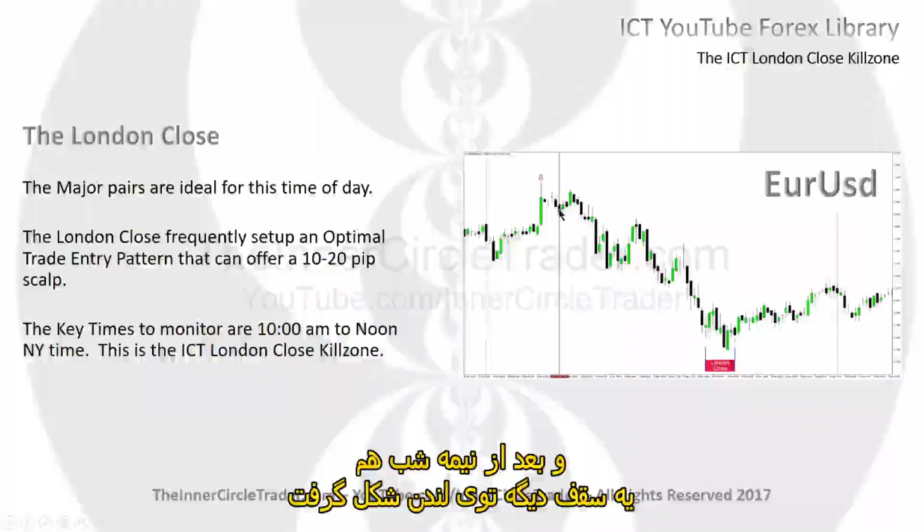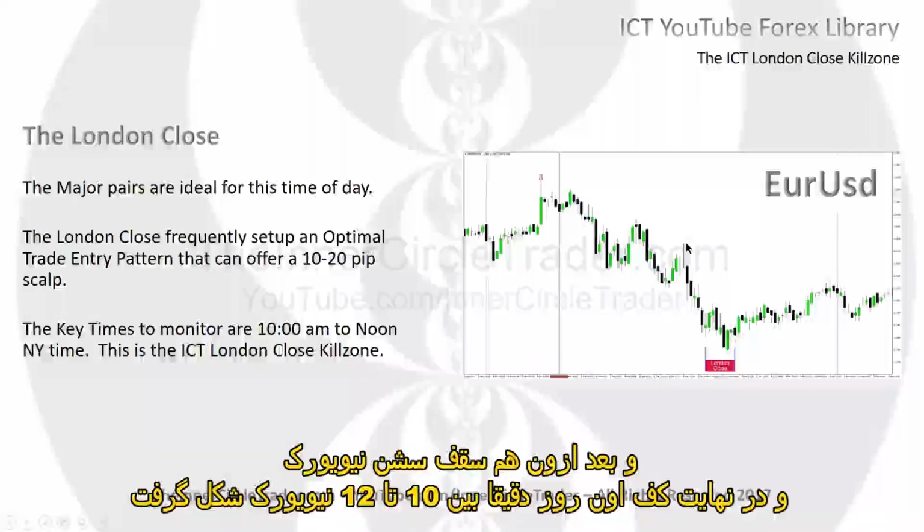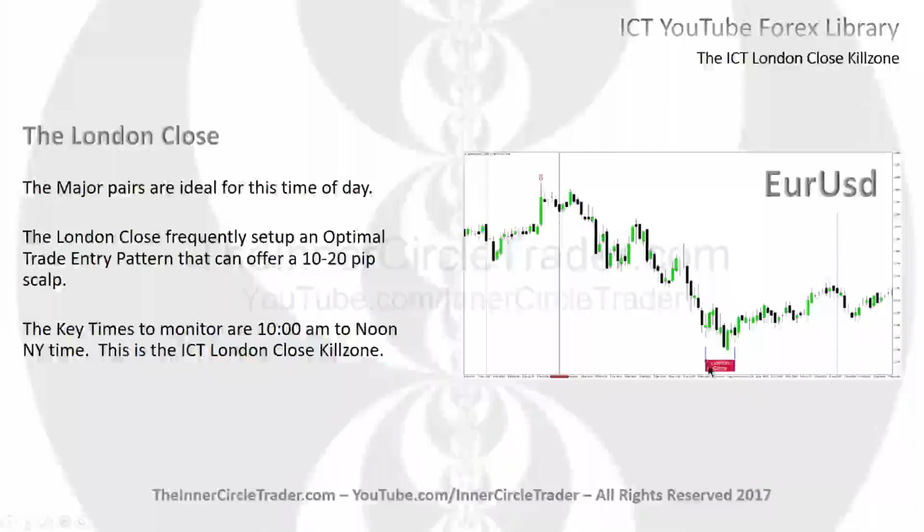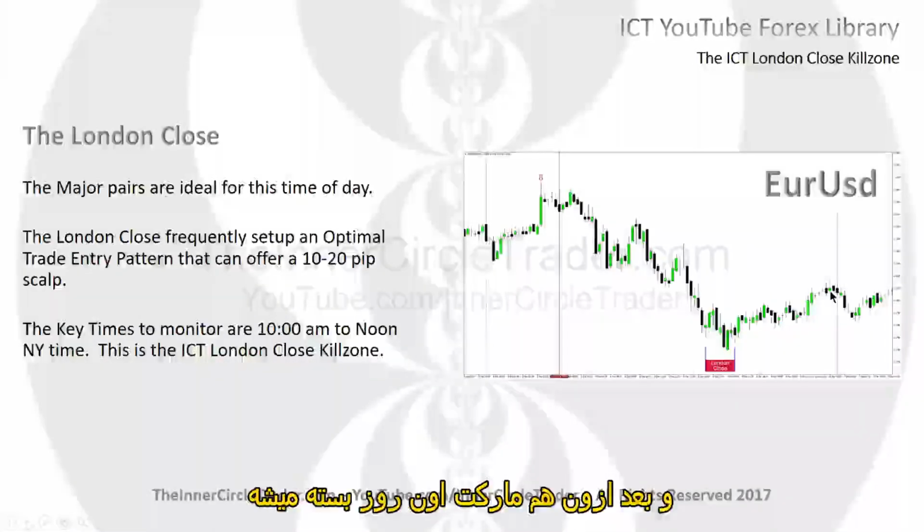Then after New York midnight time, we had a high form again in London high, New York session high, and then the low of the day forms exactly at the parameters between 10 a.m. and noon New York time. This is the ICT London Close Killzone. Market trades higher off that window of time and then goes into the close.